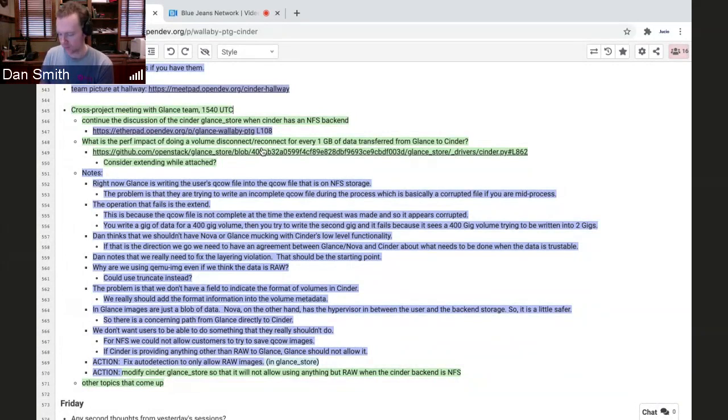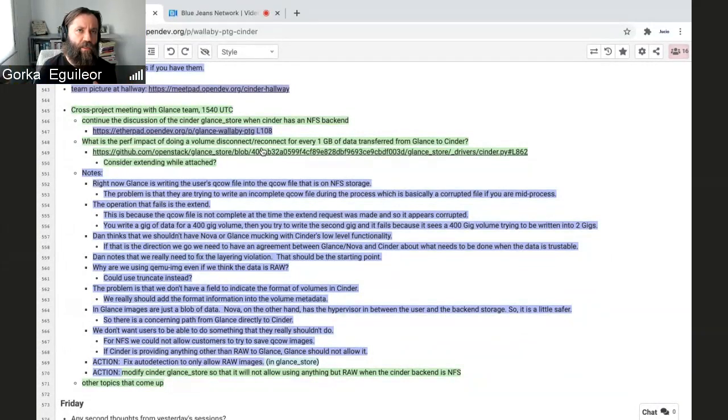So for me, the right solution is the one that makes people using OpenStack not think that the performance is garbage. So I don't care as much about supporting 100% of the existing use cases and configuration options.